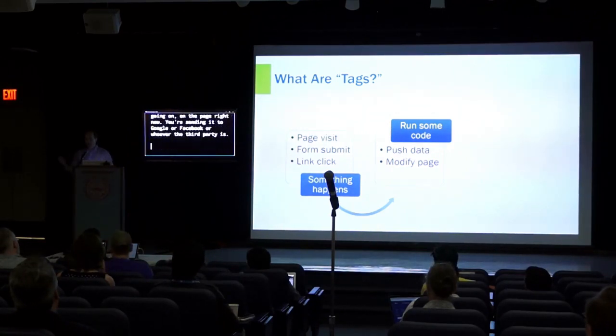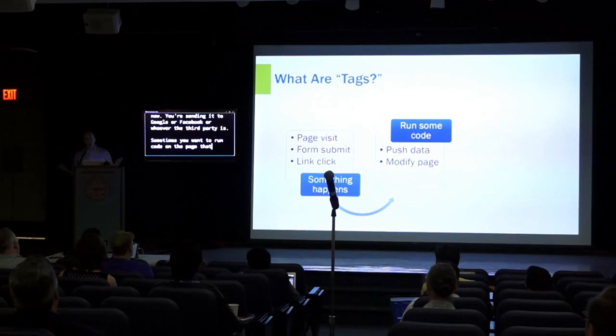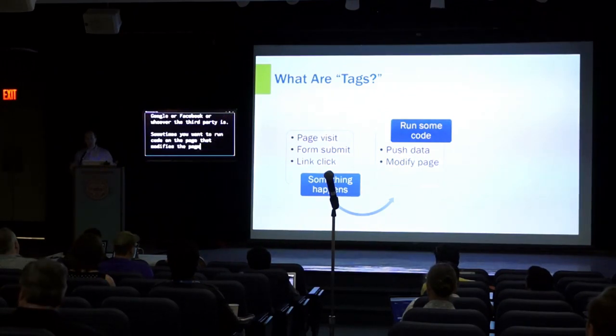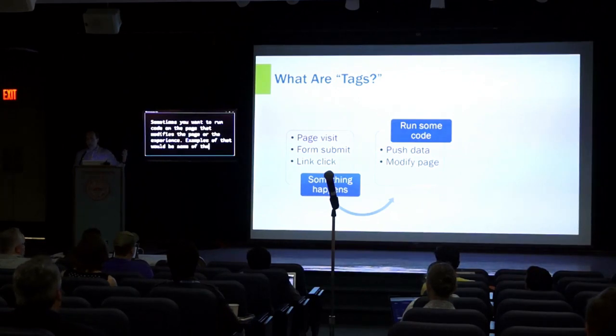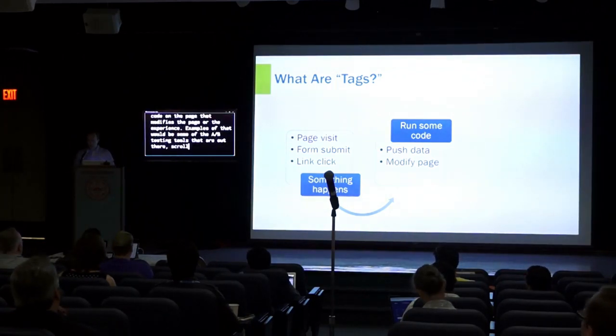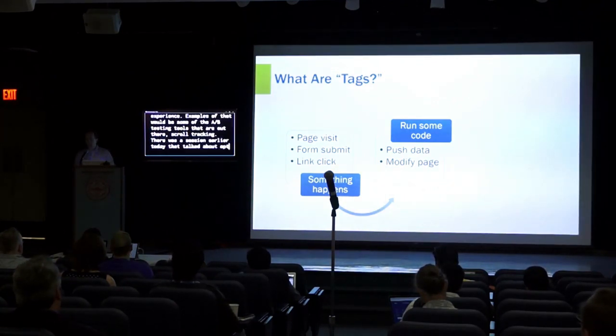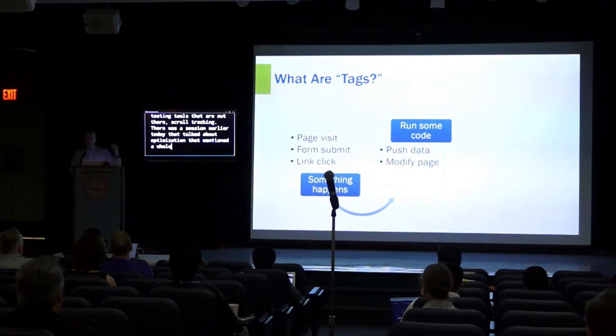Sometimes you want to run code on the page that modifies the page or the experience. Examples of that would be some of the A/B testing tools that are out there, scroll tracking. There was a session earlier today about optimization that mentioned a whole bunch of these types of tools. Dynamic phone number insertion on a web page.